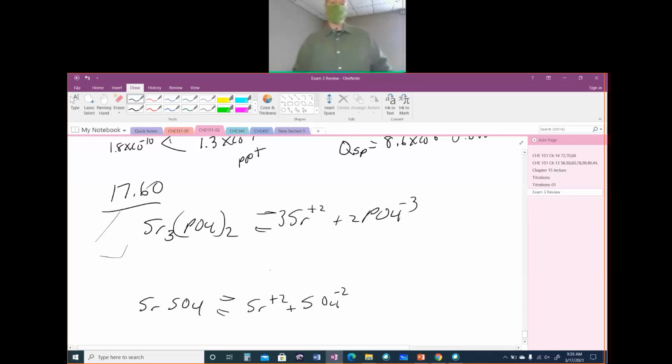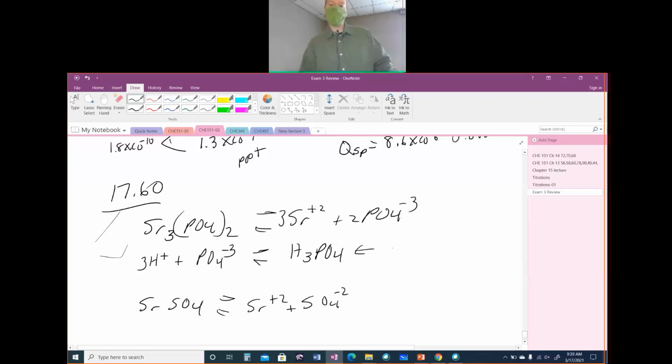All right, so when we add acid, H plus, we're going to react that with the negative ion, PO4 minus 3. And we'll just say we have strong acid here, and that's going to give us H3PO4.